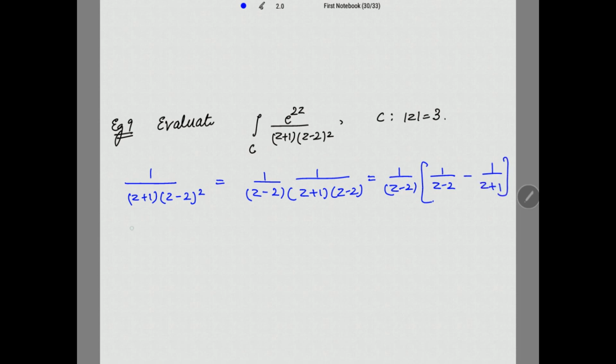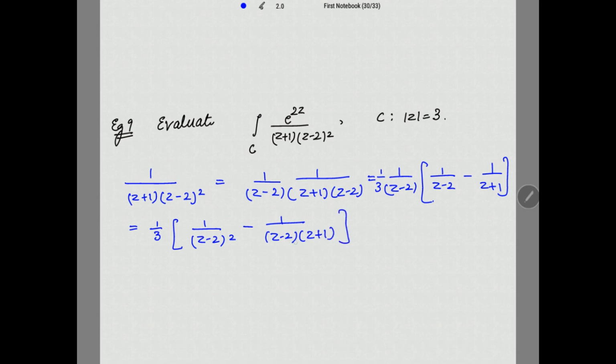Alright, then this is equal to, and also 1 by 3 is there. I'm taking that 3 outside. So this is 1 over 3 integral of 1 over (z minus 2) whole square and minus 1 over (z minus 2)(z plus 1).